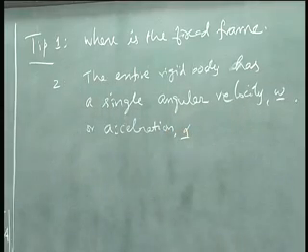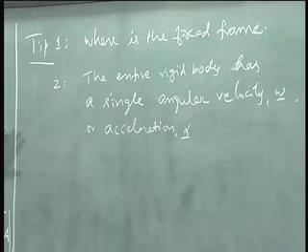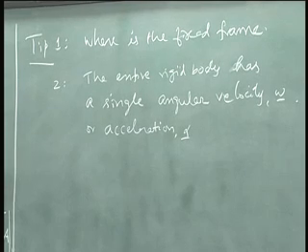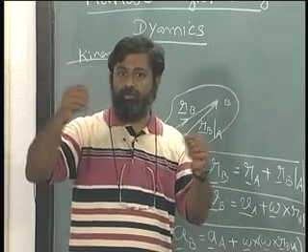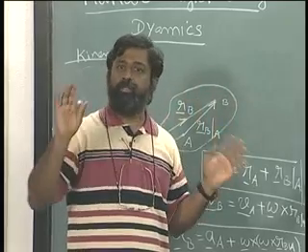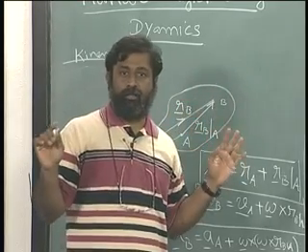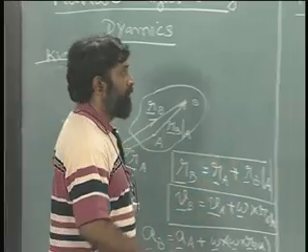This is a redundant information, but this is very important because many of us have a quandary. We do not know, okay, how about if I take another point on the rigid body, and so on. Remember, the body is rotating with one single angular velocity or acceleration.